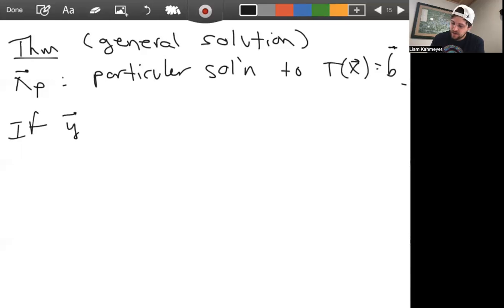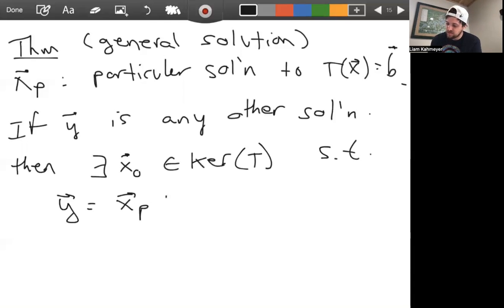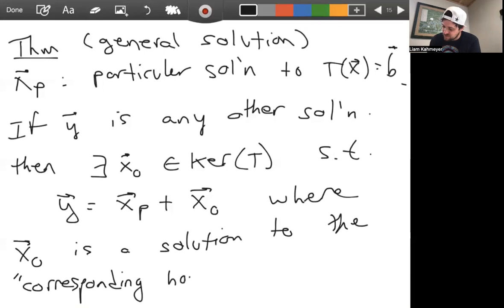If Y is any other solution, then there exists, let's say X naught in the kernel of this transformation T, such that the solution Y is expressed as the particular solution plus this X naught, where X naught is a solution to the corresponding homogeneous system.